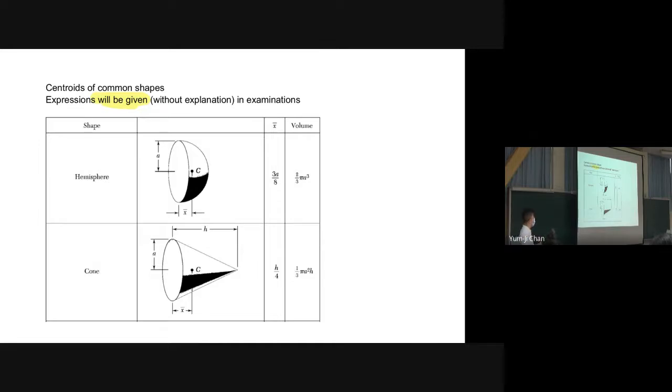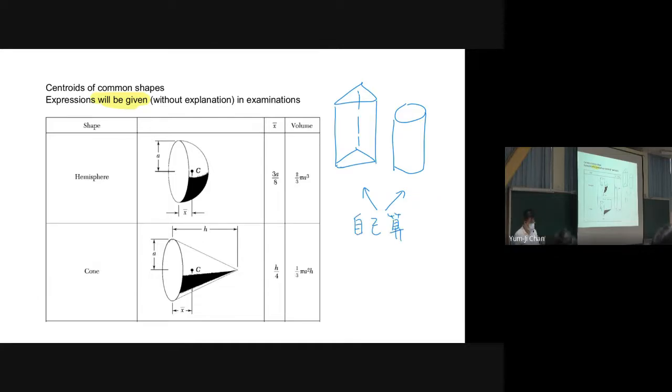But one thing, if the 3D objects are like triangles or cylinders and like this, of course you should know how to determine the centroid of these shapes, right?